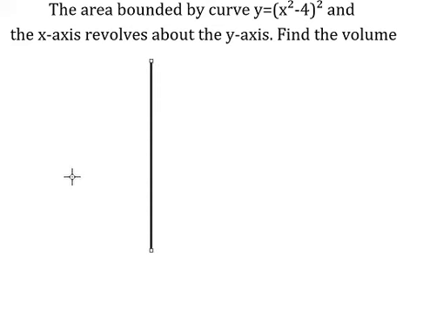First, we need to graph the function y equals (x squared minus 4) to the power of 2. The graph should be like this.